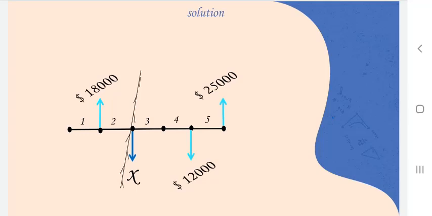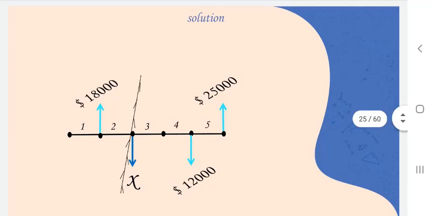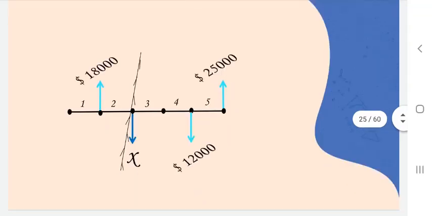So I equal 4.5%. Now you can get N. N for $18,000 equal 2 because the time equal 1 year. N for X equal 0. N for $12,000 equal 4. And N for $25,000 equal 6.